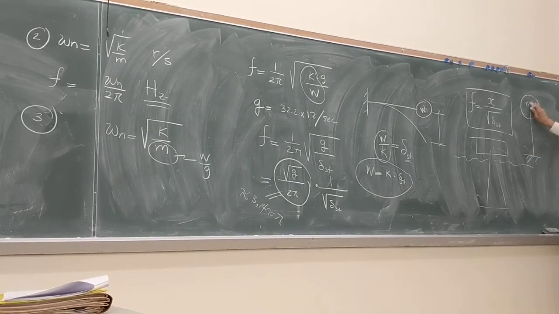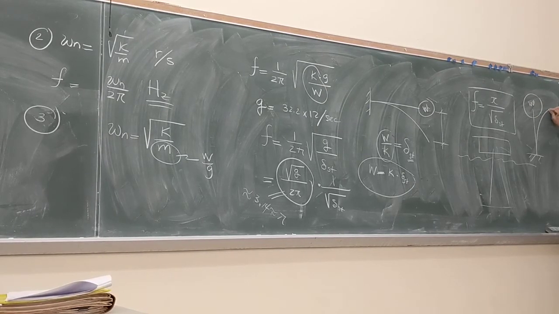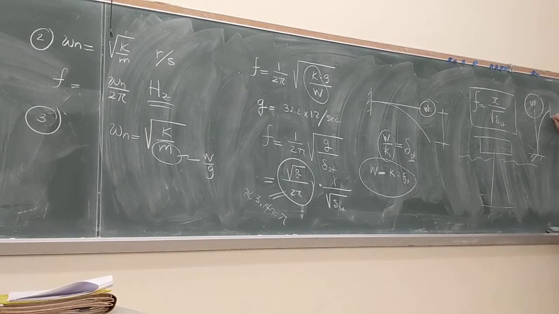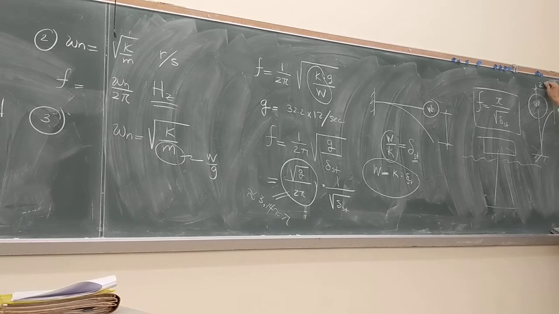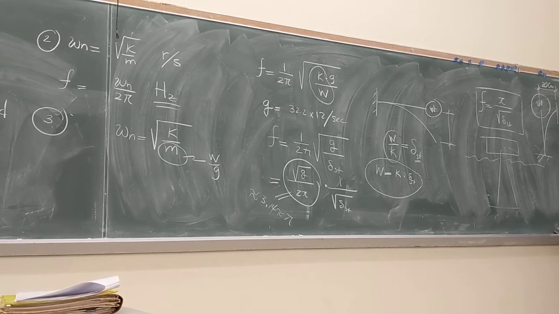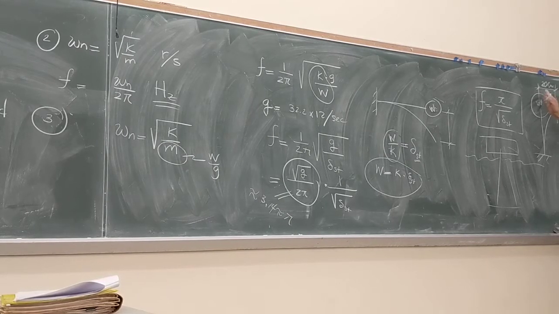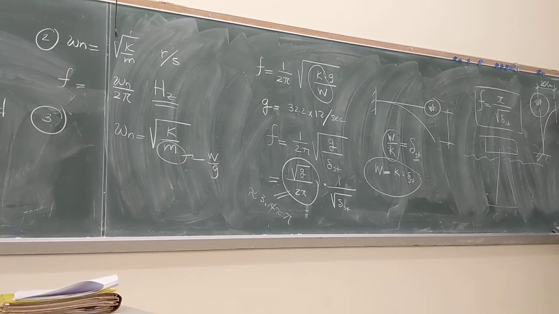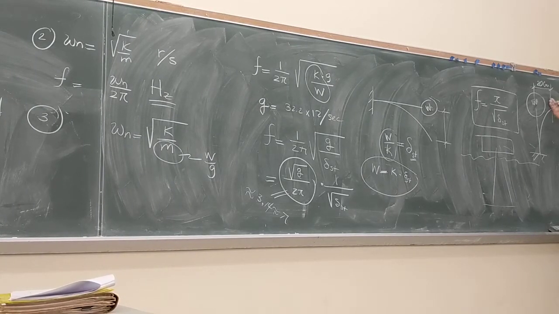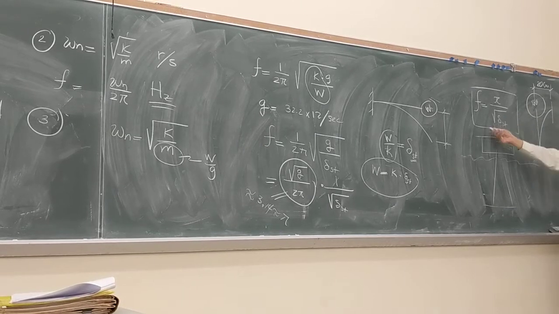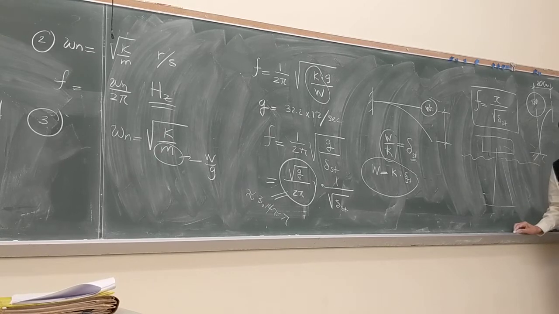If you find its weight, and let's say you do not want the motion to be more than 20 centimeters, in other words, if you assume that the static displacement of this beam is only 20 centimeters, just substitute it here and you find the natural frequency, that's it. You don't have to do sophisticated analysis.